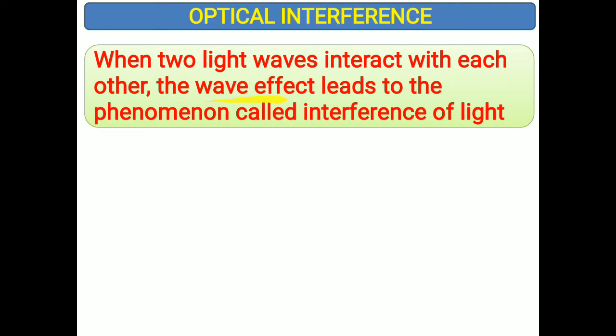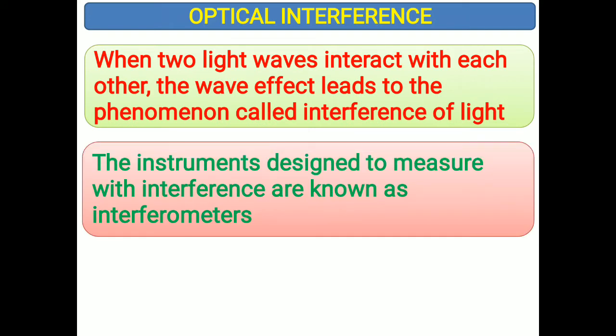The wave effect leads to a phenomenon: after the two light waves combine, that leads to some phenomenon, which is called interference of light. The instruments designed to measure with interference are known as interferometers.